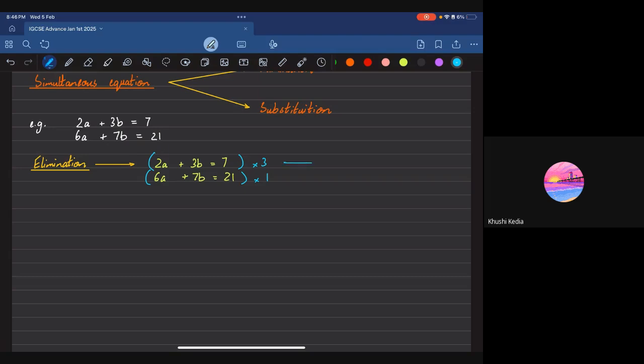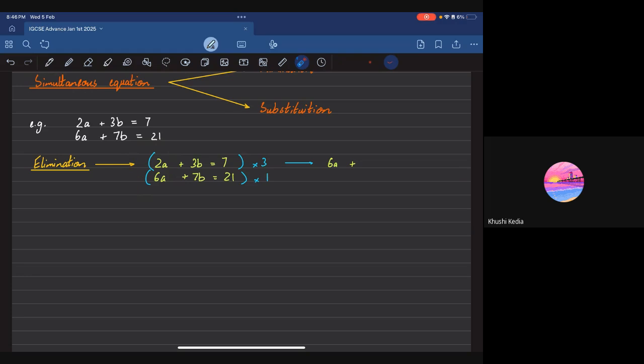When this happens, you get your newer equations, which are equal to 6a plus... And the problem is, I cannot simply multiply only the variable that I want to cancel out. No, I have to perform the function for the entire equation, because everything in an equation has to be equated together.